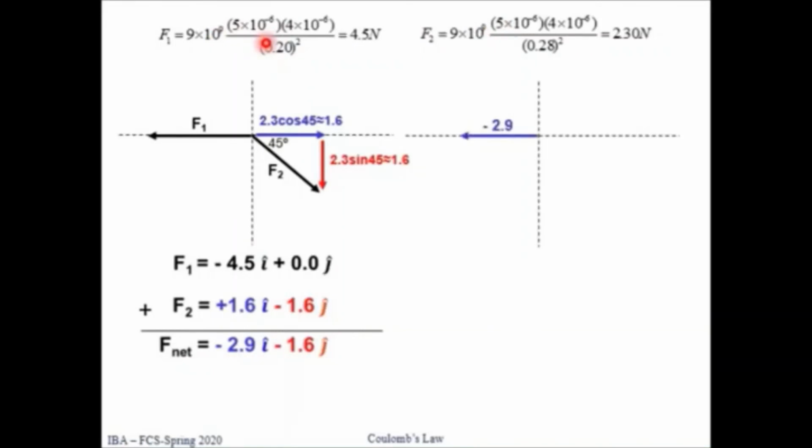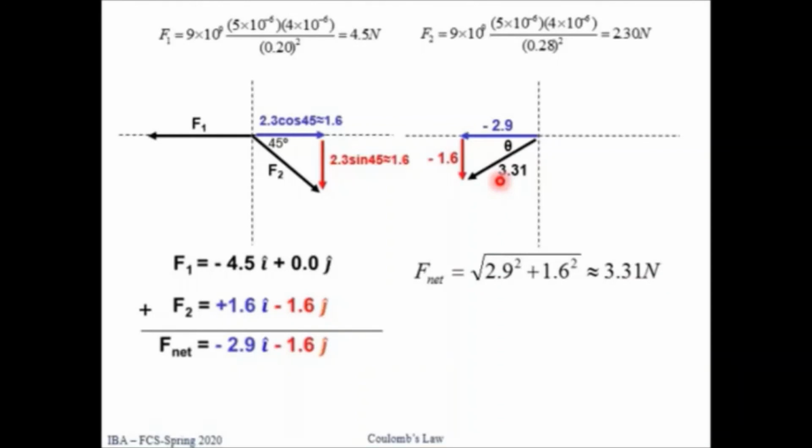Let me draw this vector in this coordinate system. Minus 2.9 i cap, minus means this must be along the negative x-axis, and minus 1.6 j cap means this must be along the negative y-axis, and the resultant of these two vectors can be drawn through the head to tail rule, and mathematically this can be determined through this method, which will be 3.31 Newton.